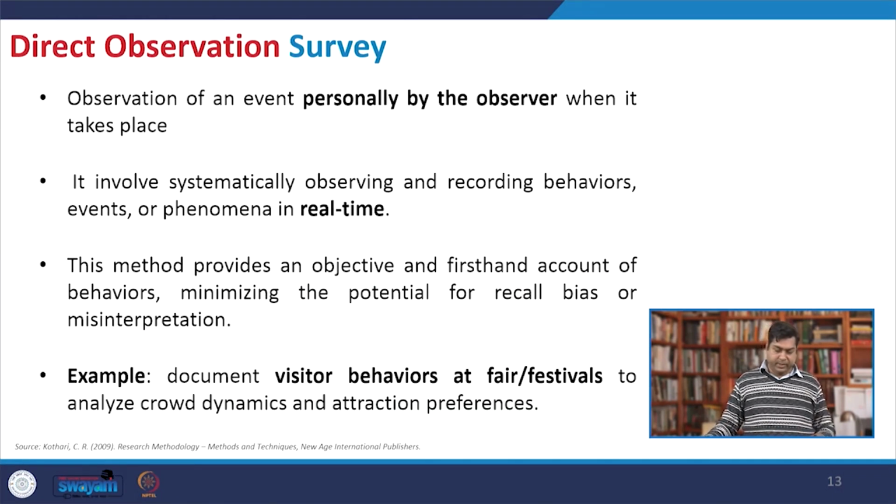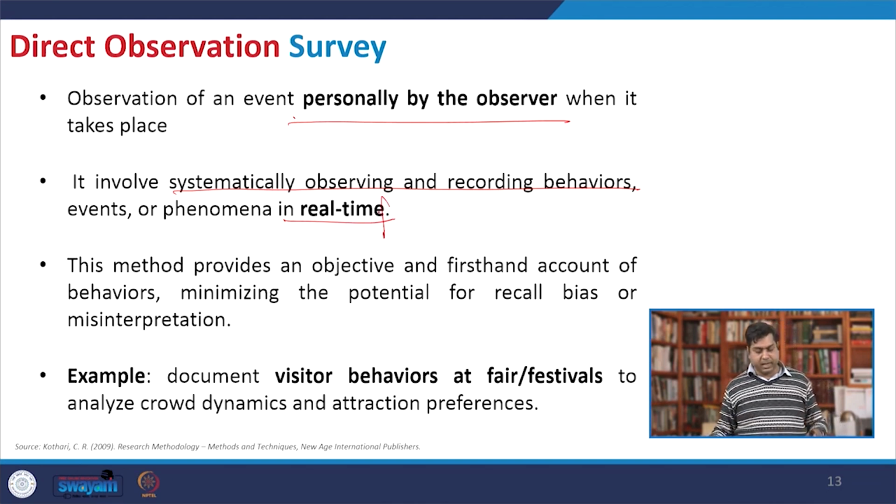Direct observation survey. So, observation of any event personally by the observer when it takes place. It involves systematically observing and recording the behaviors and also the phenomena in real time. So, this is something that is occurring in real time. This method provides an objective and first hand account of behaviors, minimizing the potential for recall bias or misinterpretation.